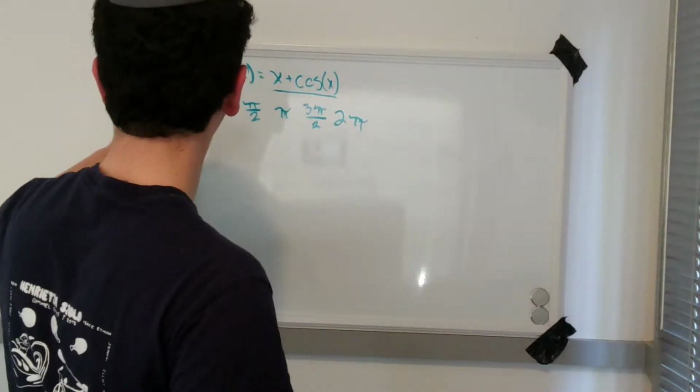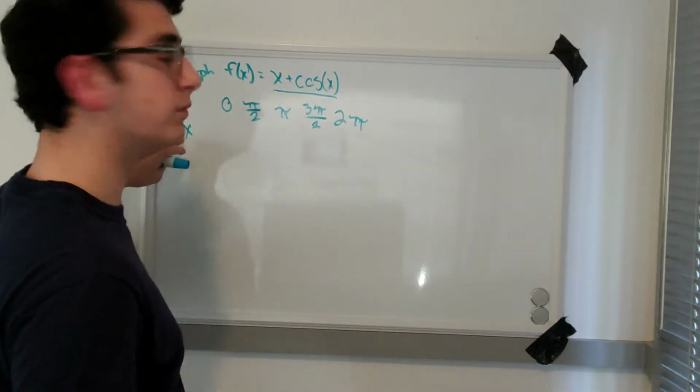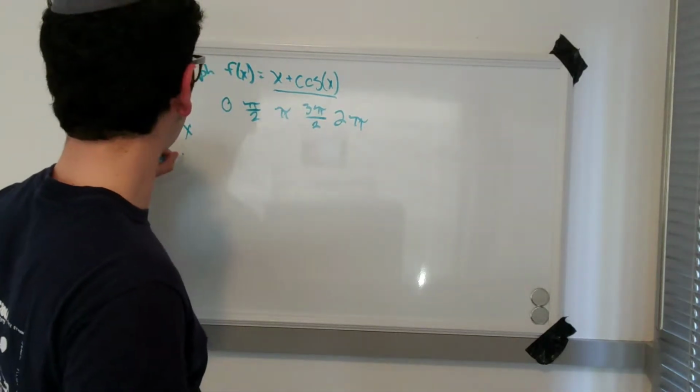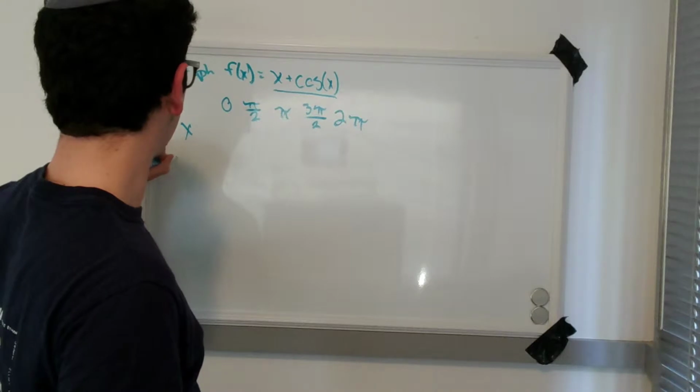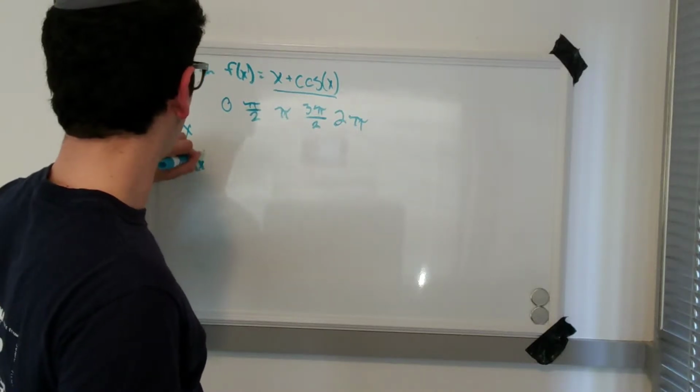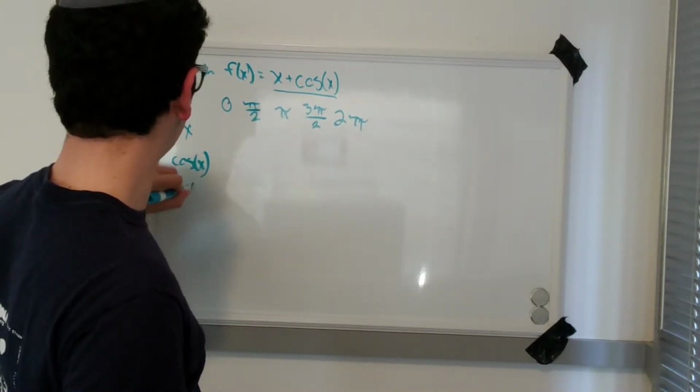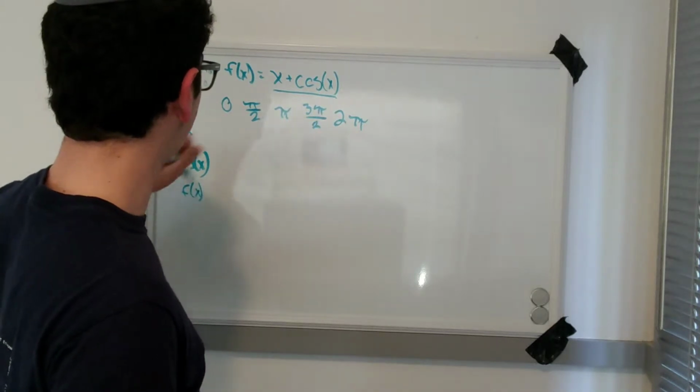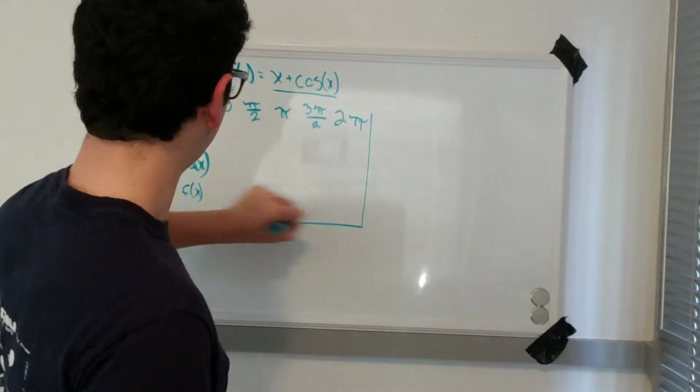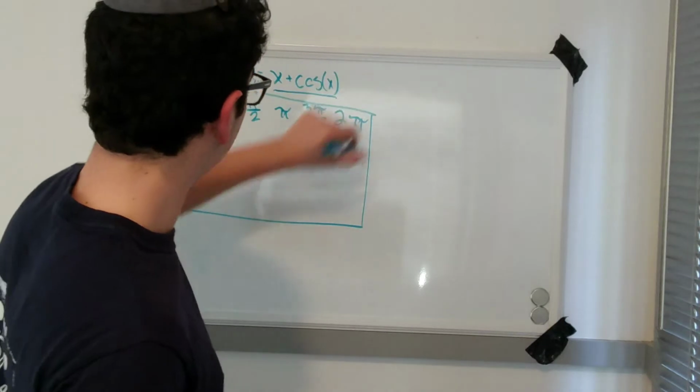Okay, and then we're going to put in these values for x, and then for cosine x, and at the end we're going to be able to solve for f of x, which is going to be that plus that. So let me make this like a table.